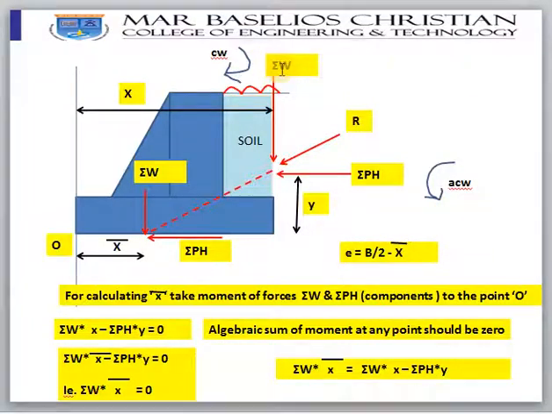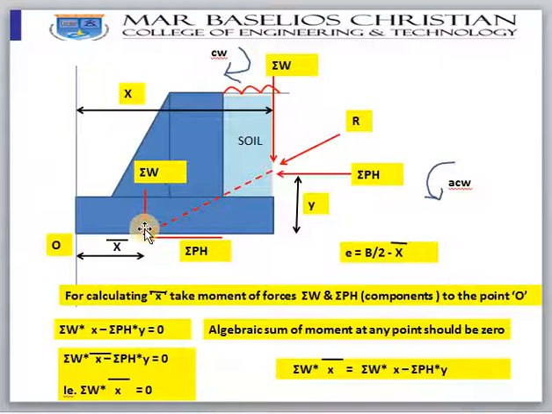So sigma W into x is clockwise, so positive, minus sigma pH into y, which is anti-clockwise and hence negative, is equal to 0. The algebraic sum of the moments of the forces about any point should be equal to 0.